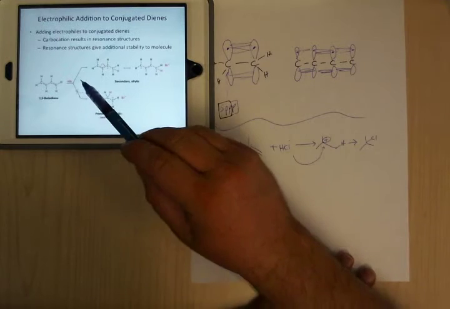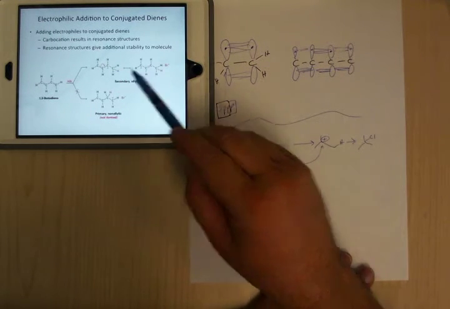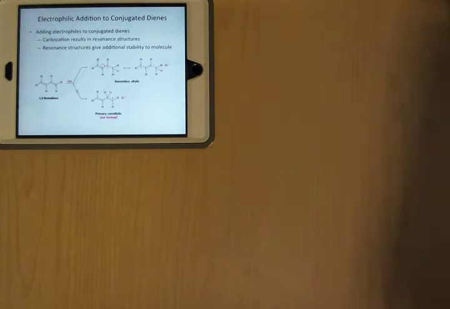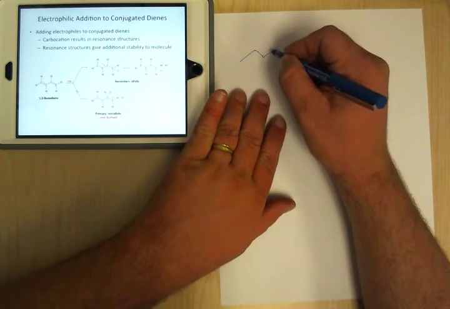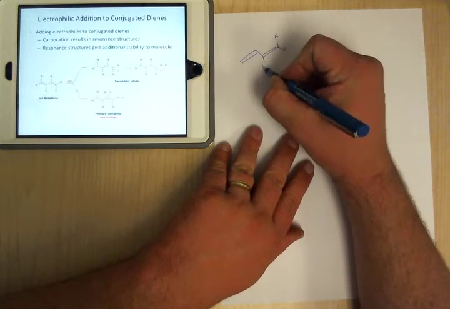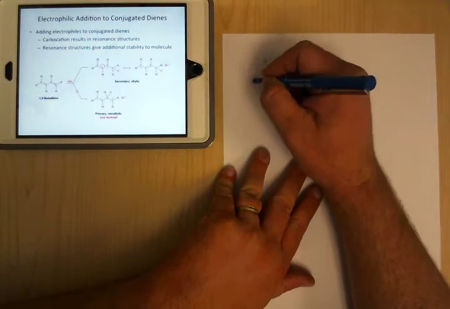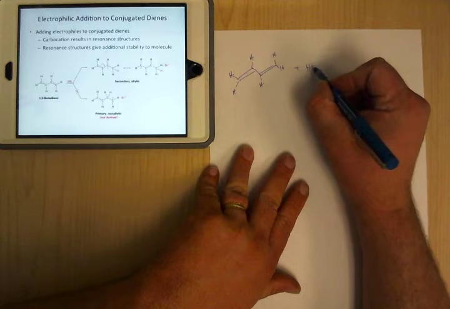The reason is that as soon as you form the carbocation, it's going to want to form this carbocation. So if you have this molecule here, I'll show all the hydrogens, and you're adding HBr.